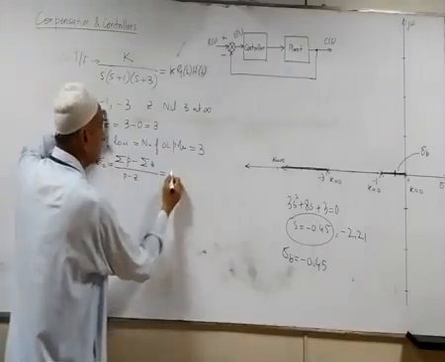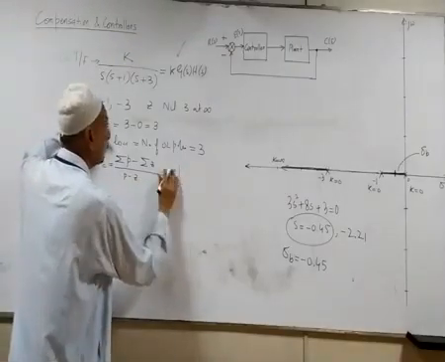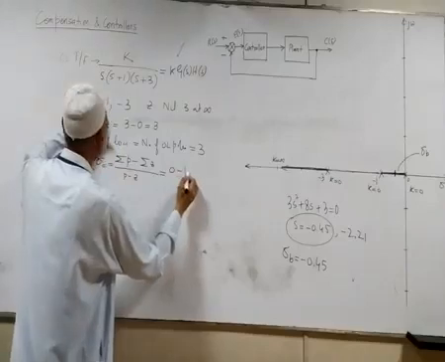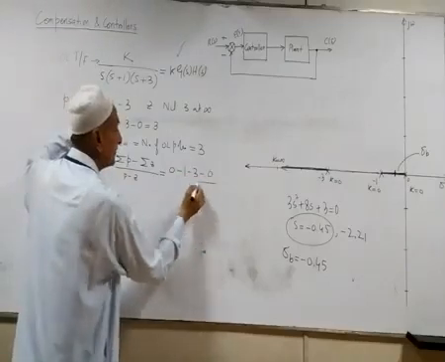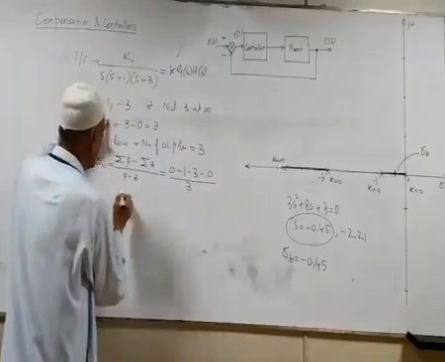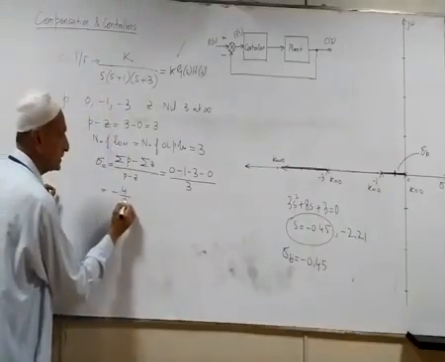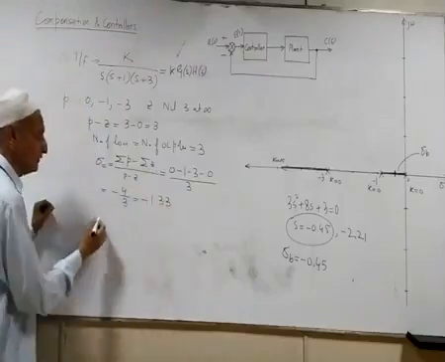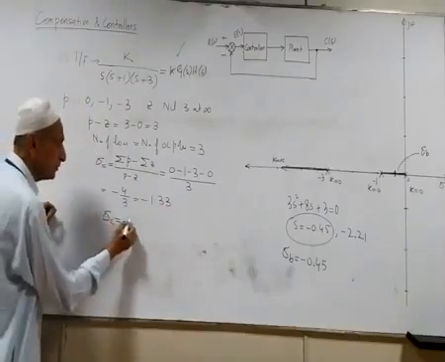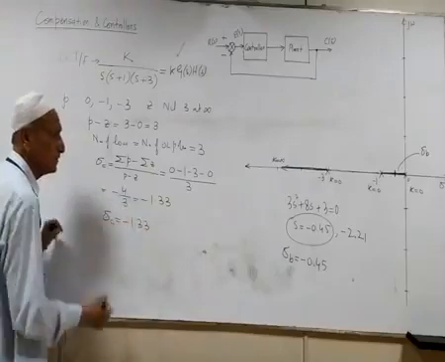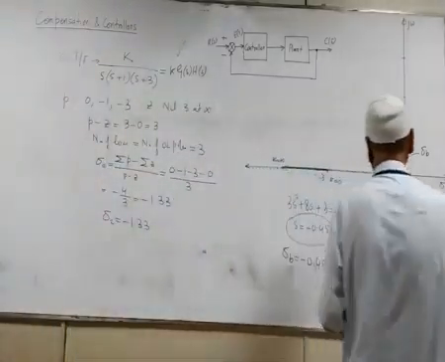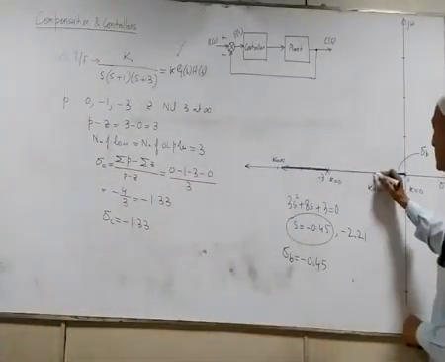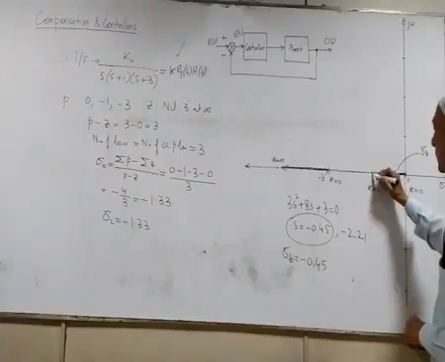We have minus 1, 0 of course, which doesn't make any difference in this case, so we have minus 4 over 3, which is equal to minus 1.33. This means the center of asymptotes is at minus 1.33, somewhere over here.